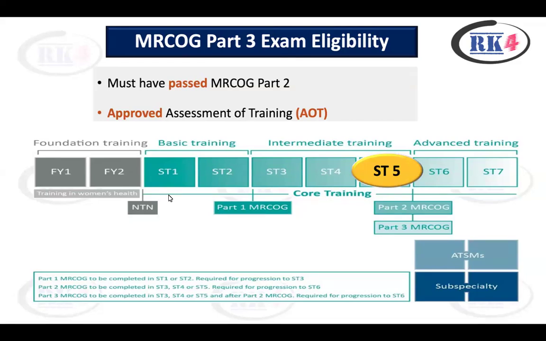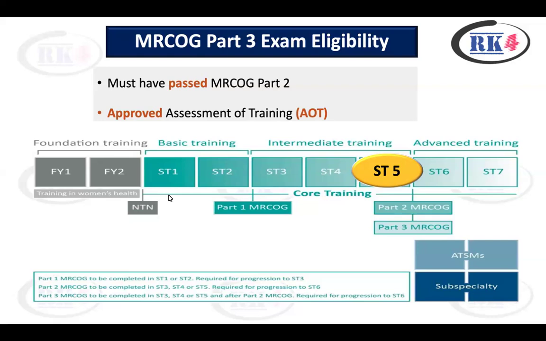So why am I saying this? Because when you look at the scenarios in the exam, they are telling you that you are an ST5 working in so-and-so clinic. So you need to know who you are. So you are ST5. And this happens that if you are working as a senior, you are the consultant, people are looking to you to deal with the complex cases.